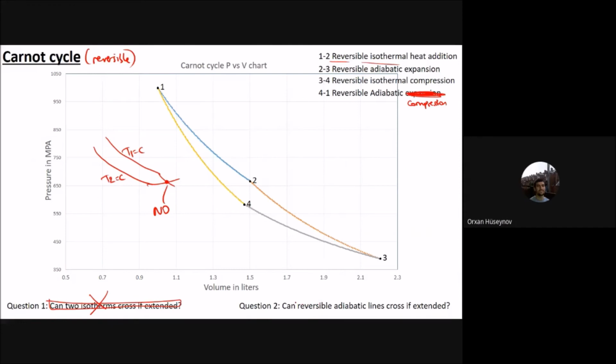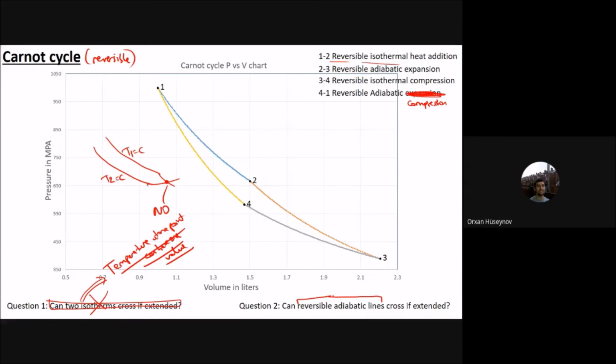And the next one says, can reversible adiabatic lines cross if extended? You will see that the first one, the isothermal lines, cannot cross each other because that temperature defines the isothermal lines, and at one point it can have 1 value. That is the temperature definition. It asks again whether the reversible adiabatic lines can cross each other.